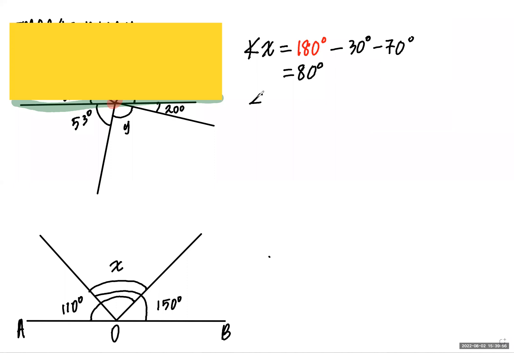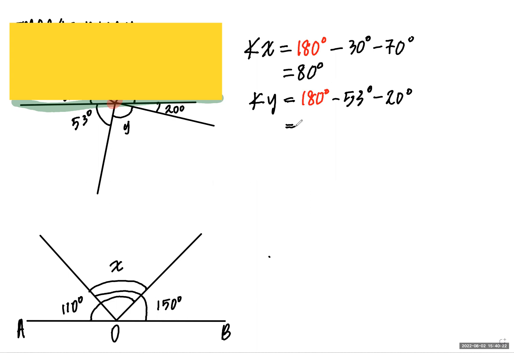And with that, do you think you can find Y already? So same thing. Can you see Y is at this red color dot here? And it all lies on a straight line. And what did we learn last lesson about straight line? 180 degrees. And we will take away the 53 because it's made up of 3 angles. One of them is 53. And the other one is 20 degrees.